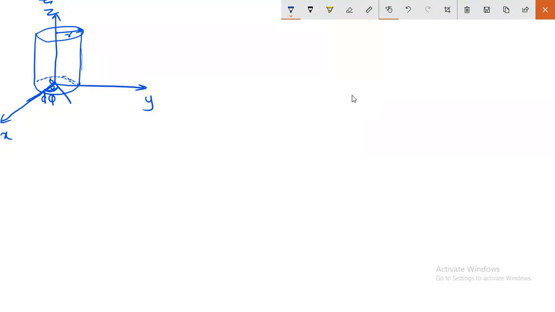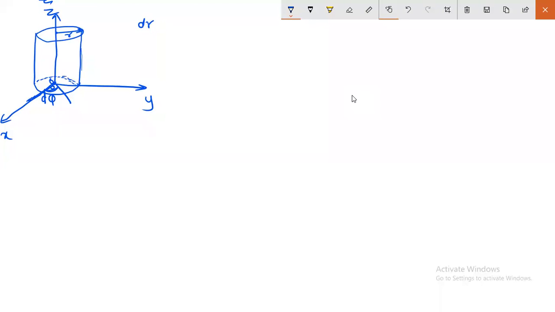Now, when I want to find the differential length, for this r, the differential length is dr, right? For the radius of the cylinder, the differential length will be dr. Then for the angle, the differential angle will be d phi. Now I want to find the length of this.